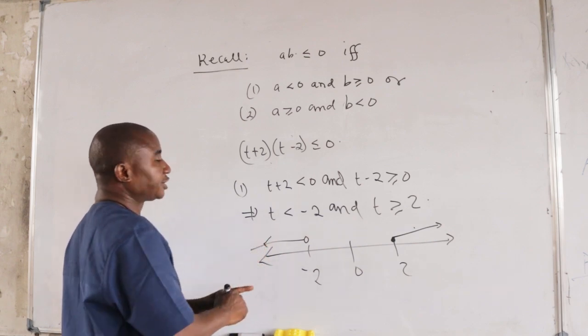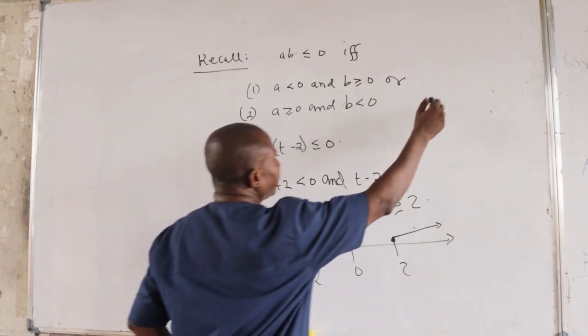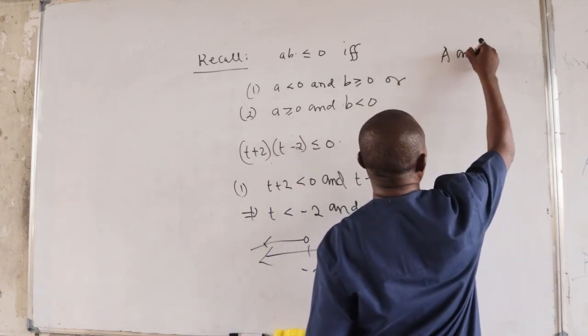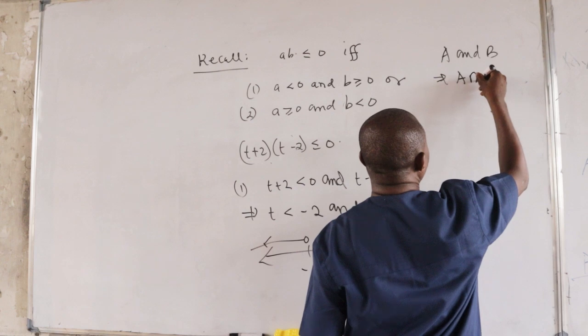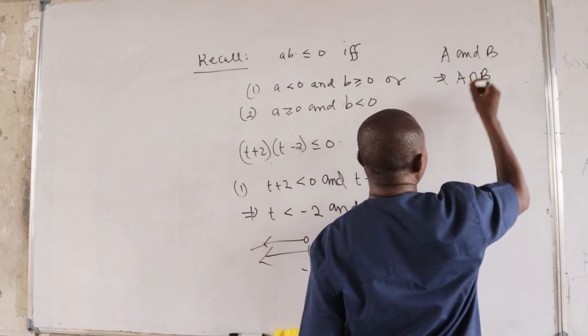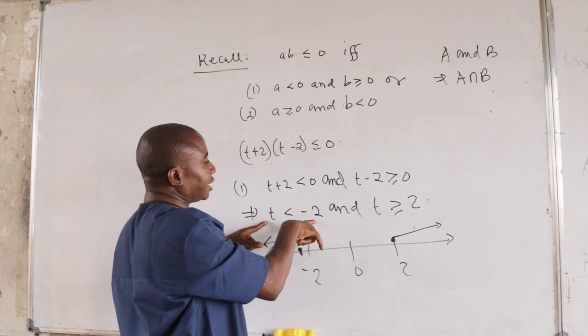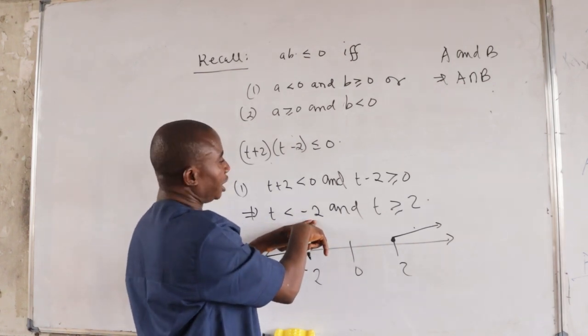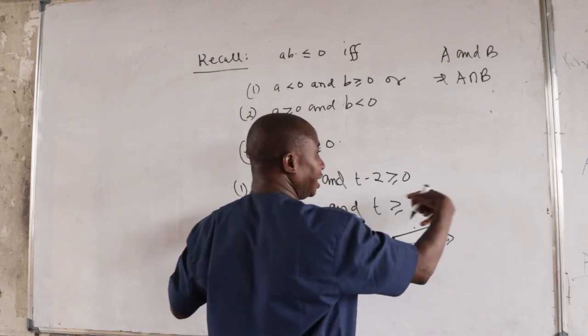Now, in set theory, if I say set A and set B, this simply means the intersection of the two sets A and B. And therefore, I have the set of all t less than minus 2, and the set of all t greater than or equal to 2. So I take the intersection.